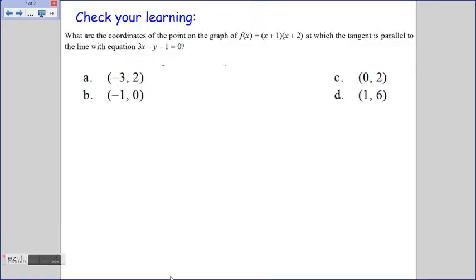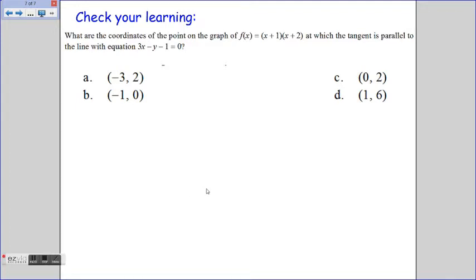One last thing that we're going to do today, and that will conclude our lesson, is you're going to check your learning. This is more of an extended question, but I think you can handle it. What are the coordinates of the points on the graph of f at x equal to x plus 1, x plus 2, at which the tangent is parallel to the line with the equation 3x minus y minus 1 equals 0?